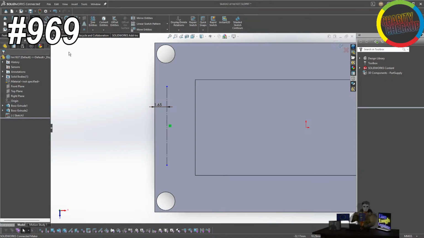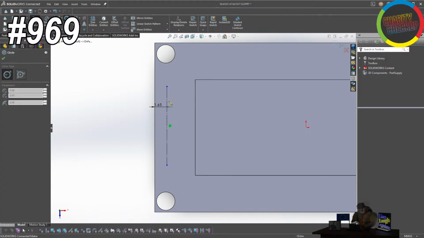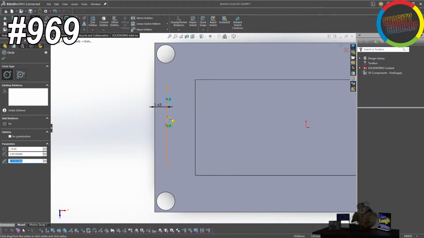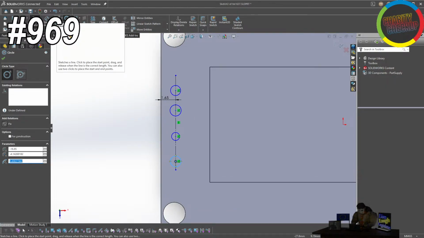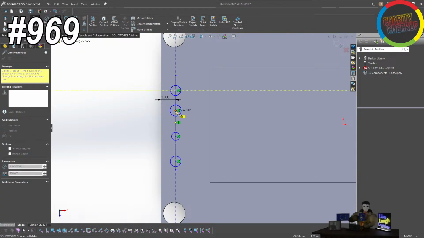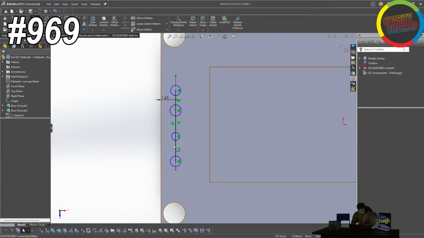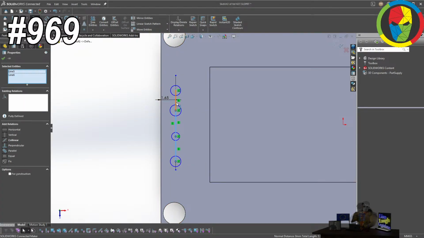8mm. Well, that's edge to edge. 1, 2, 3, 4. This. And this. We want all of them to be equal and for construction.